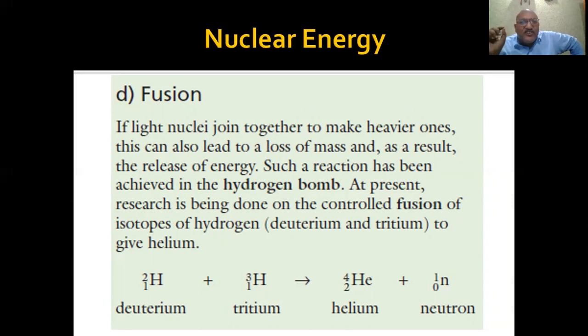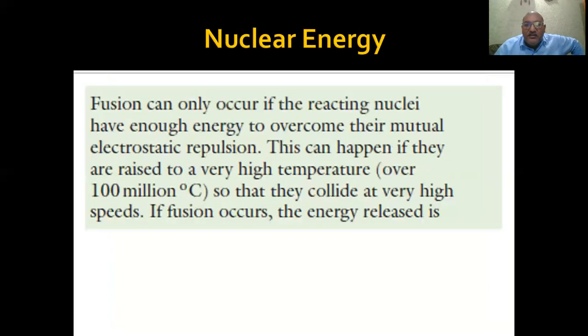If light nuclei join together to make heavier ones, this can also lead to a loss of mass and, as a result, the release of energy. Such a reaction has been achieved in the hydrogen bomb. At present, research is being done on the controlled fusion of isotopes of hydrogen, deuterium and tritium.